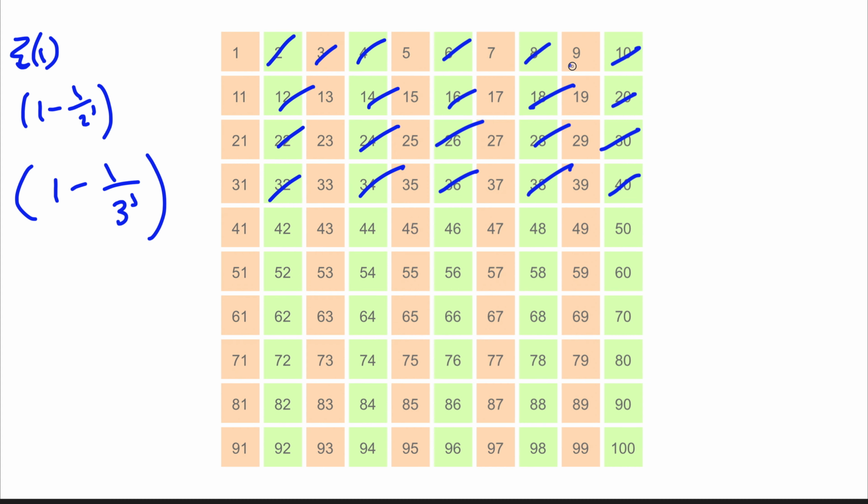Let's just mark them for removal. 5 became 15. 7 became 7 times 3, 21. 11. So 9 became 9 times 3 is 27, sorry. And 11 times 3 was 33. So that was removing those.